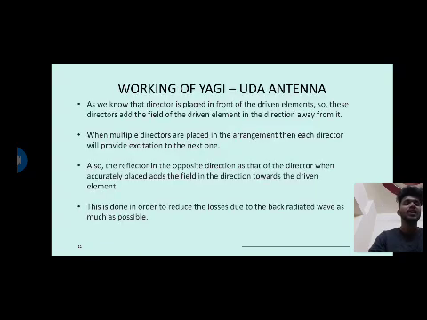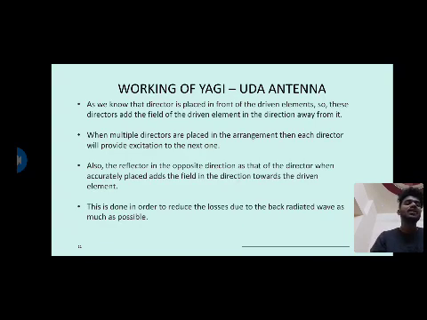Working of Yagi antenna. As we know that the director is placed in front of the driven element, these directors add to the field of the driven element in the direction away from it. When multiple directors are placed in the arrangement, each director helps provide excitation to the next one.